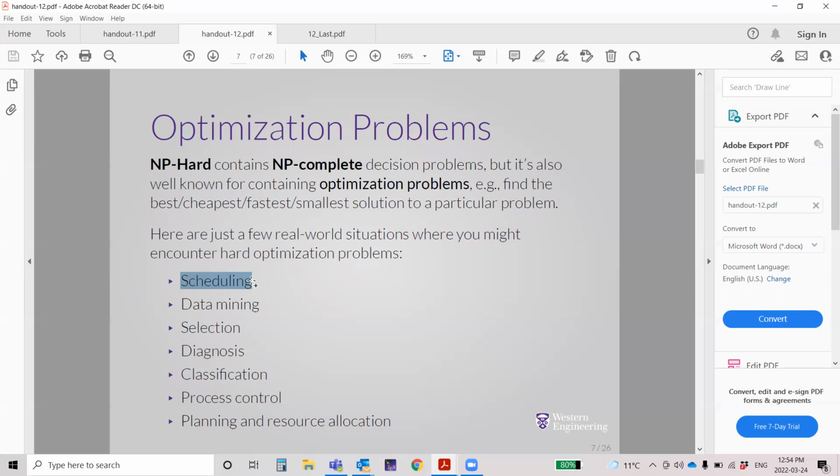Data mining or machine learning: how to get information from data. Selection, when you have a decision tree and you need to select. Diagnosis problems. Classification: is this request an attack or not?